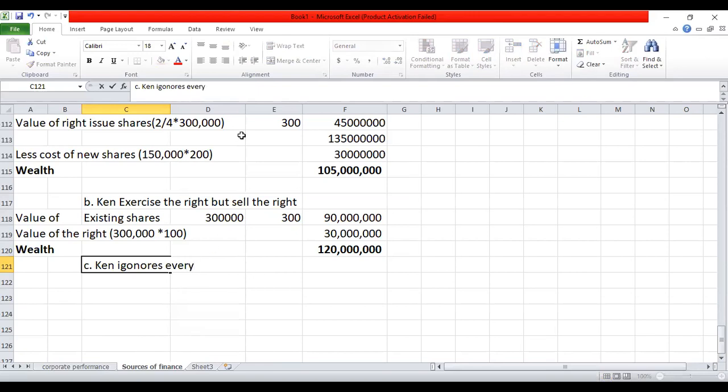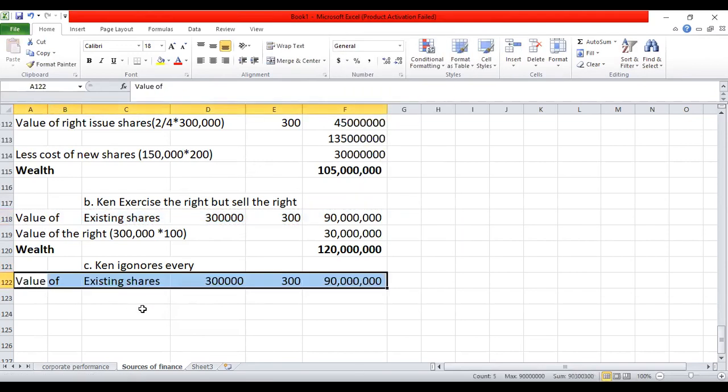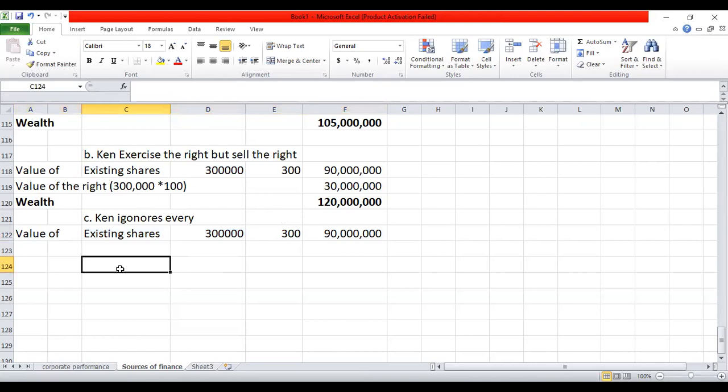He does not acquire the share, neither does he sell his right. What is going to be his wealth? You are only getting this. So the best option is to exercise and sell the right. So Ken should exercise and sell the right.